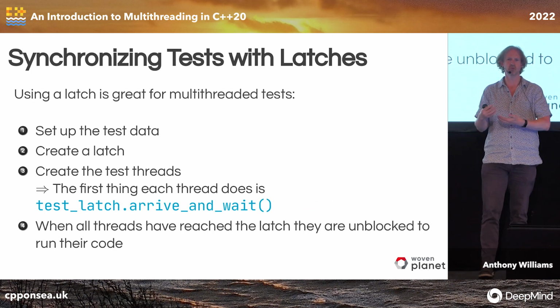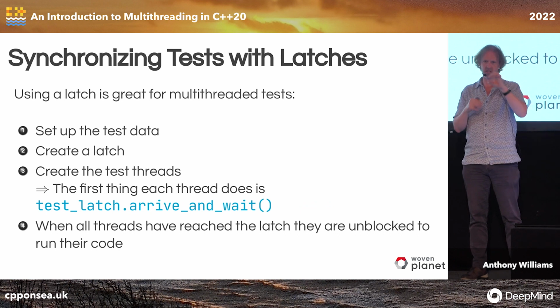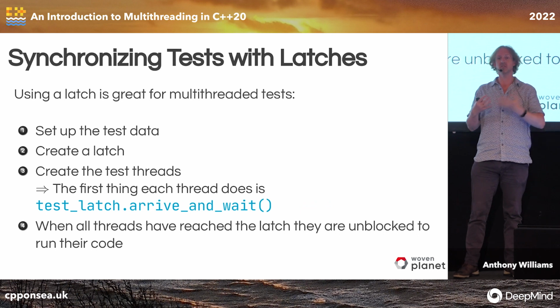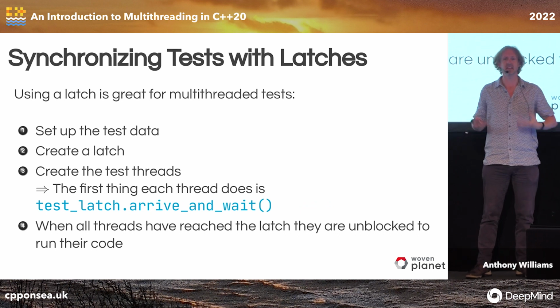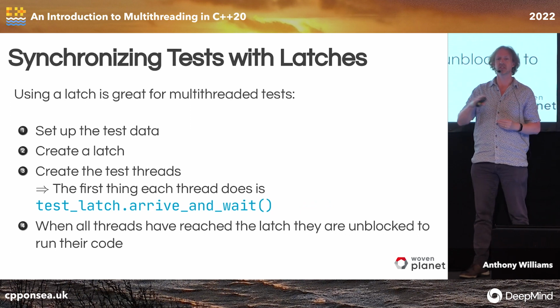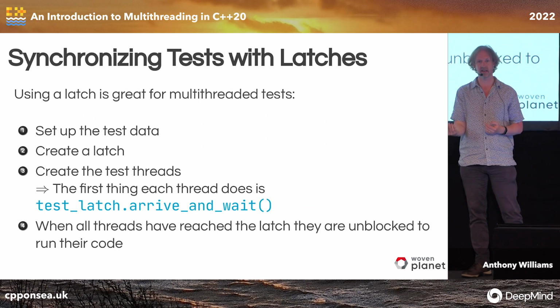Because these are short-run things, because it's a test that you're running. It's not a long-running application. You're just running a small thing in a test. And so by using a latch, this makes it just that little bit easier for you, because the first thing that each thread can do is count down and then wait on that latch.